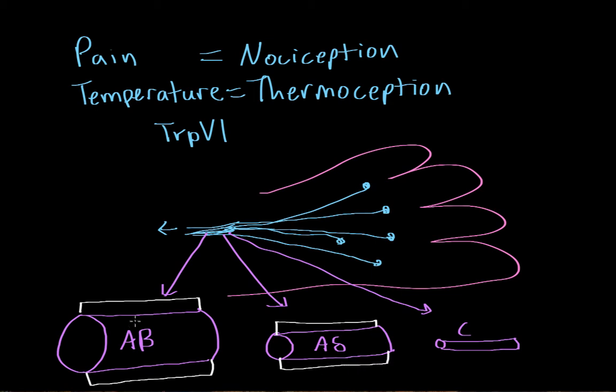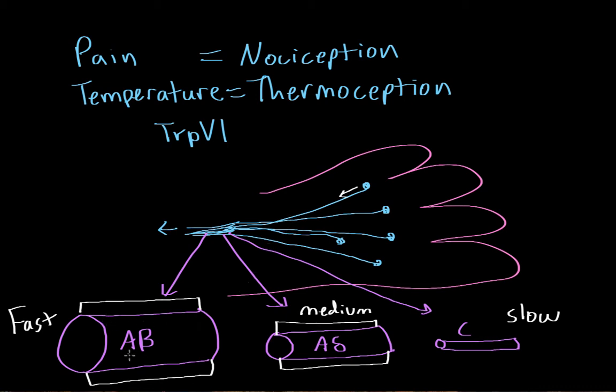The combination of myelin and fiber size changes how quickly each fiber can send an action potential. When this receptor is activated, it sends a signal, and depending on which type of fiber conducts it, the signal will reach the brain at different times. The A beta fibers have the highest conduction velocity, so they're very fast. The A gamma fibers are medium speed, and the C fibers are very slow.